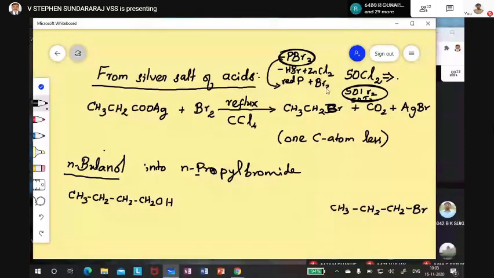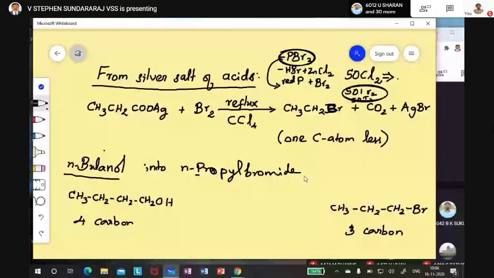So these are the reagents, but here you have to reduce one carbon number. Here there are 4 carbons, and the product has only 3 carbons. So first you have to look at that. Changing OH into Br is not at all a problem, with many reagents you have studied.